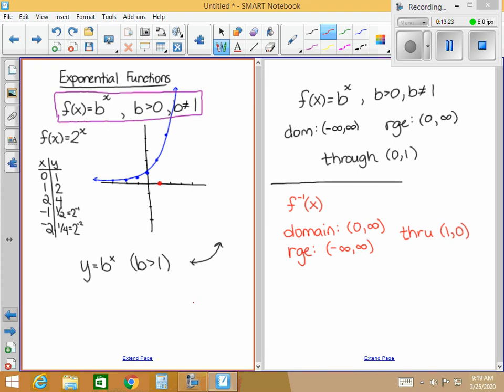If (0, 1) is on f, then (1, 0) is on the inverse. And we know that if we fold our paper here, and we blot the blue onto the other side, it's going to look like this. This would be the inverse of that blue graph.